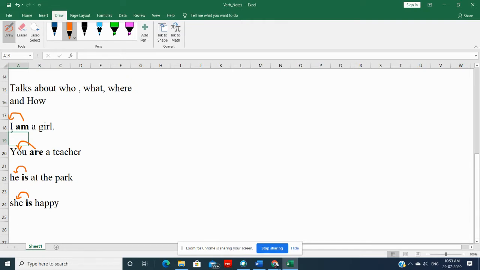In all these sentences we are talking about the subject, the doer of an action or some person. Our attention is on the state of that person. So when I say I am a girl, I'm saying who I am. So here I'm saying who.